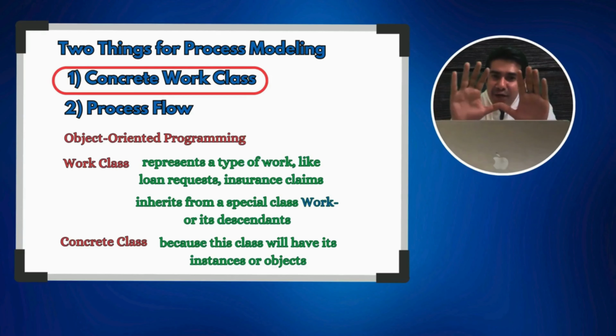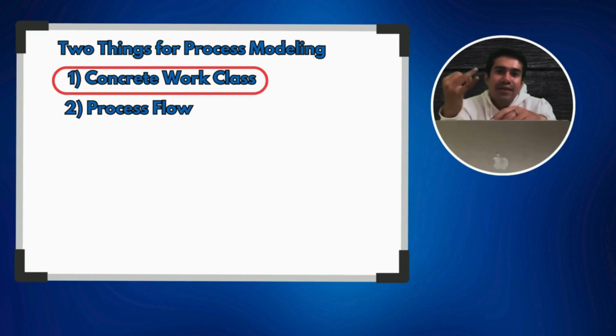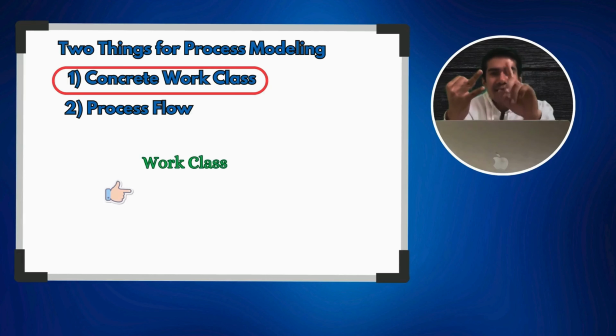But hey, don't worry about all that right now. I will be bringing a dedicated video soon to cover class inheritance and different class types in detail. For now, just remember two things. Our class needs to be a work class and it must be concrete.